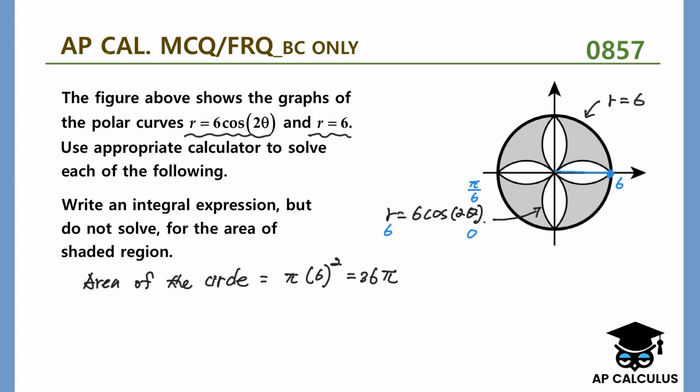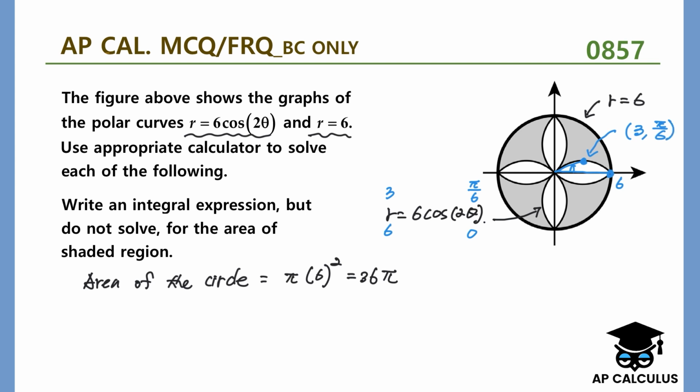So r = 6 times 1/2, that's 3. When the angle is at 30 degrees, it's about here, and r is 3. The coordinate is right here, in polar coordinates that's (3, π/6).